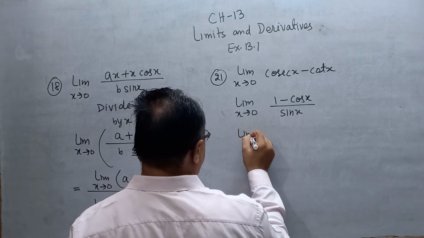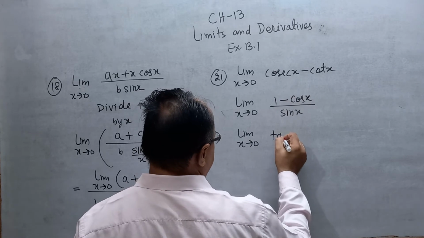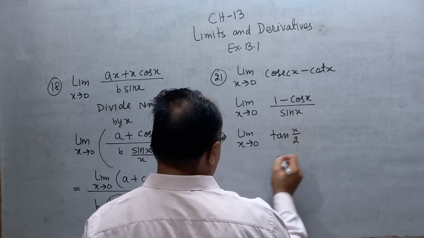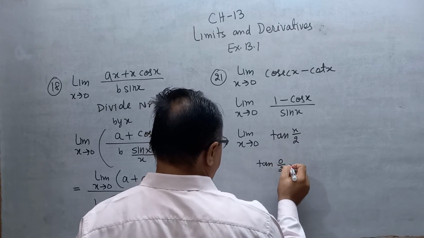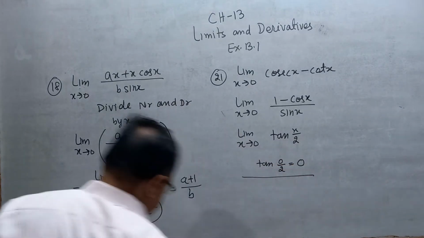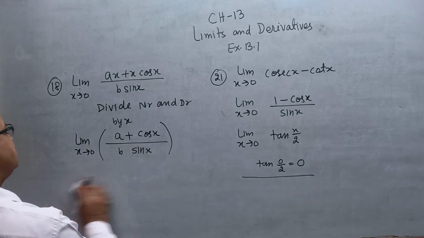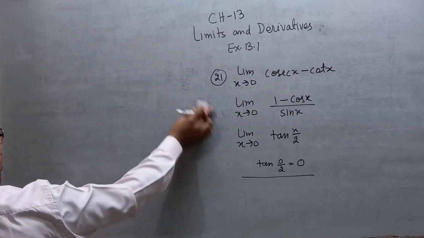And this is also a formula, the complete formula, that is tan x by 2. And when you directly apply the limit, tan 0 by 2, that is tan 0, 0 is the answer. Correct.